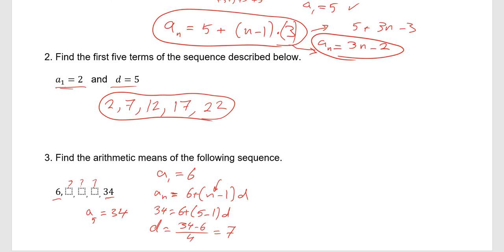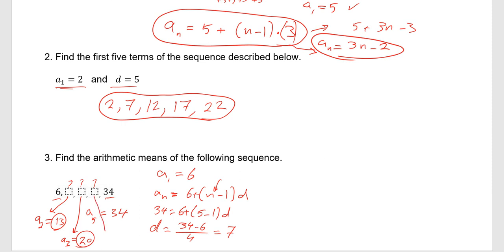Okay, so we need a sub 2 equals, so add 7 to a sub 1. So 6 plus 7 gives you 13. And we need a sub 3. So add 7 to a sub 2. So 13 plus 7 is 20.